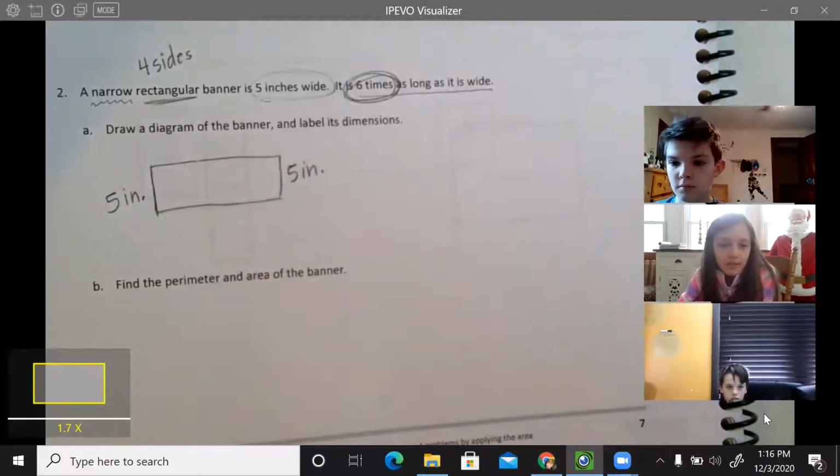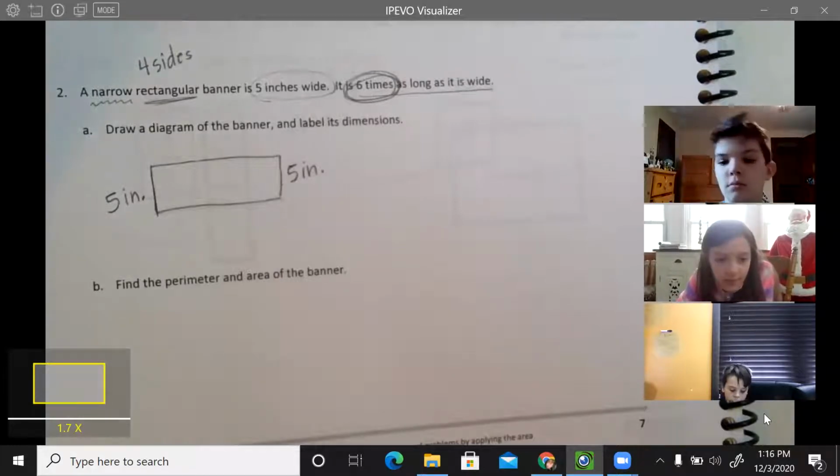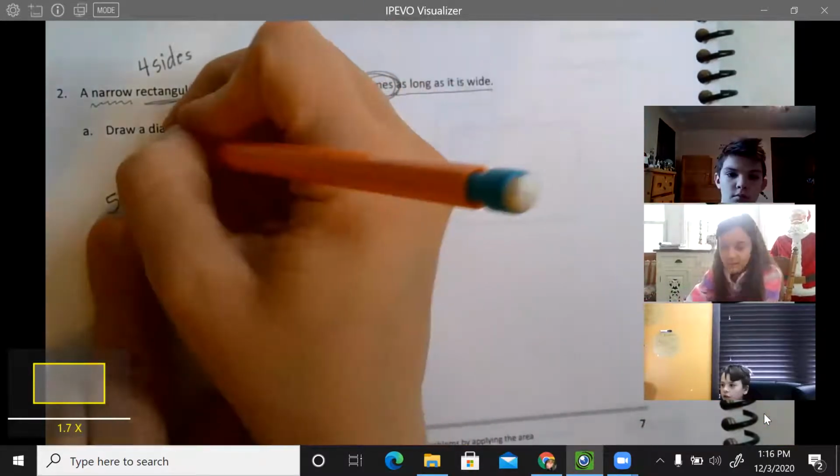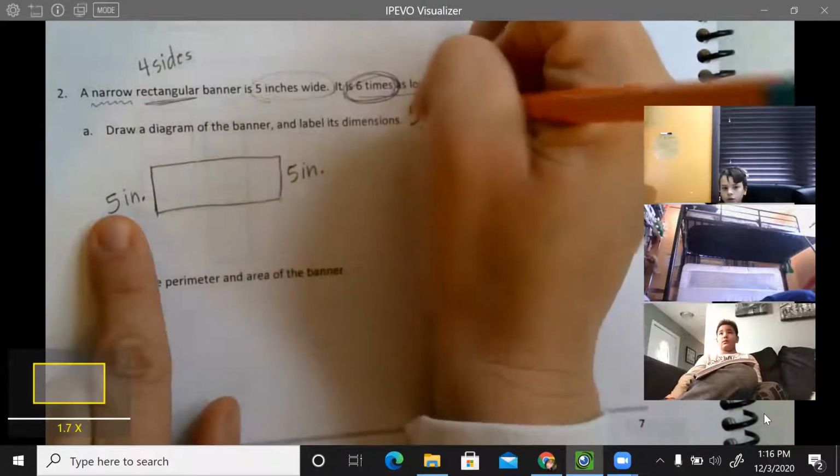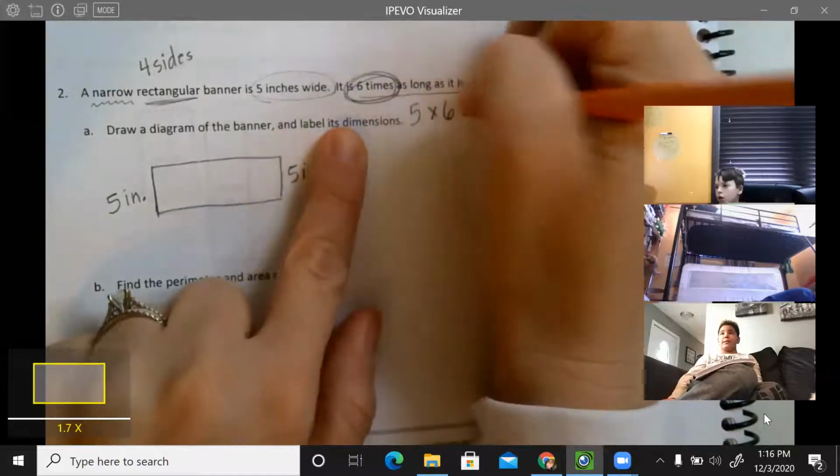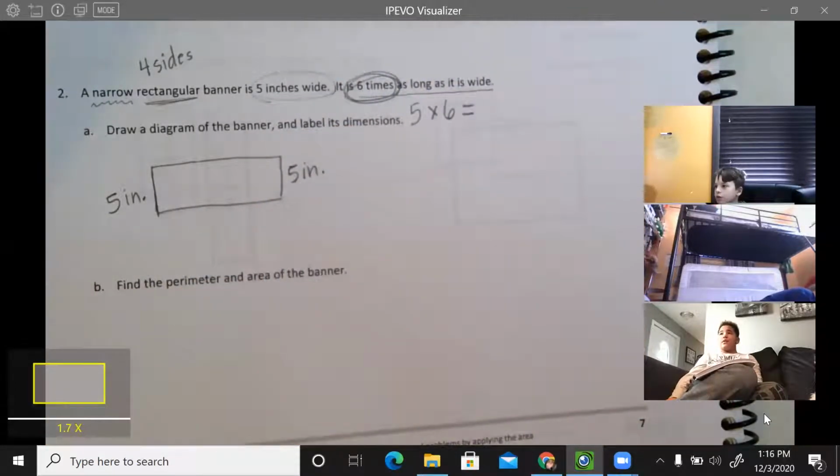You multiply 5 by 6. So we're going to take our 5 inches and multiply it by 6 because it's 6 times as big. Sarah, what's 5 times 6?